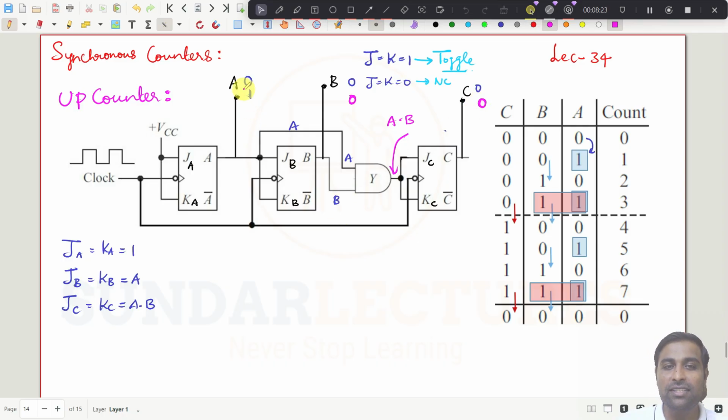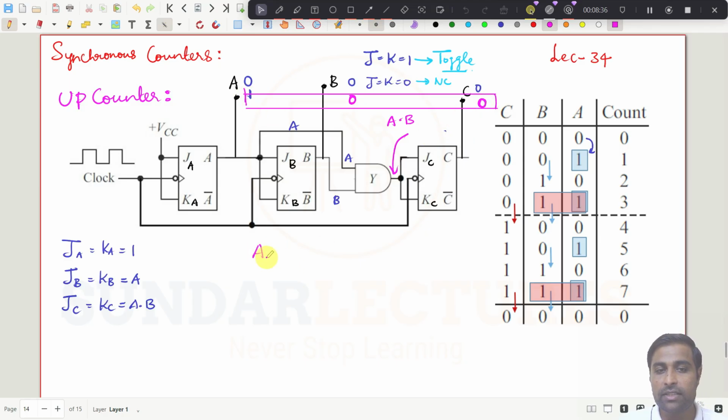Now this is the state. I will write it as CBA: now you have 0, 0, 1. That is what we have got after giving 1 clock pulse.